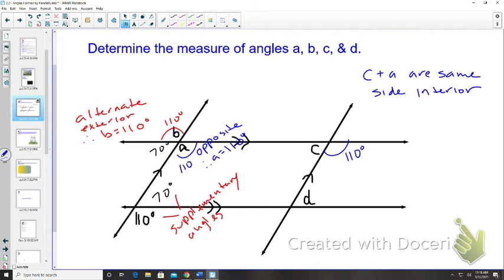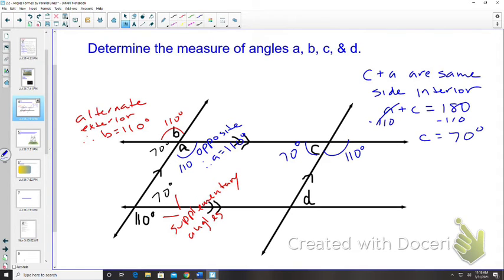They're interior angles, so A plus C is equal to 180 degrees. We know that A is 110 degrees, so 180 minus 110, C is equal to 70 degrees.